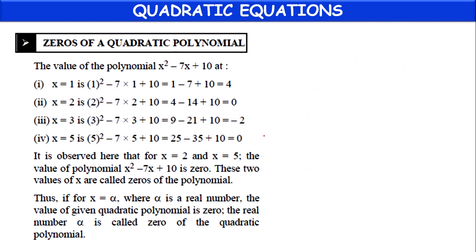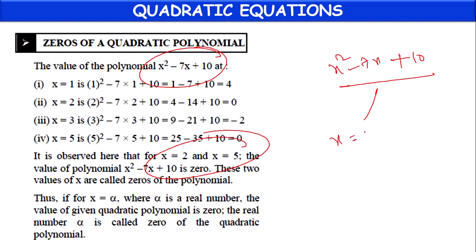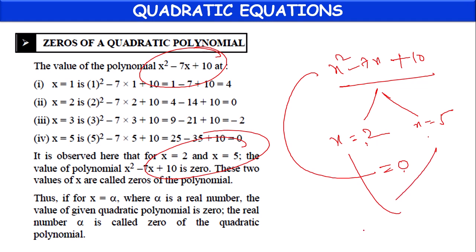It means, for this given expression, we have observed that the given expression is x square minus 7x plus 10. We have observed that at x equal to 2 and at x equal to 5, the value of this quadratic polynomial is becoming 0. So this x equal to 2 and x equal to 5 are called zeros of the given polynomial.